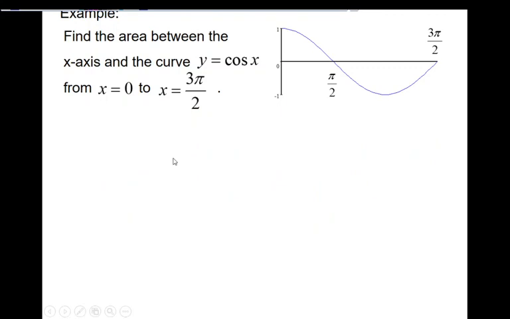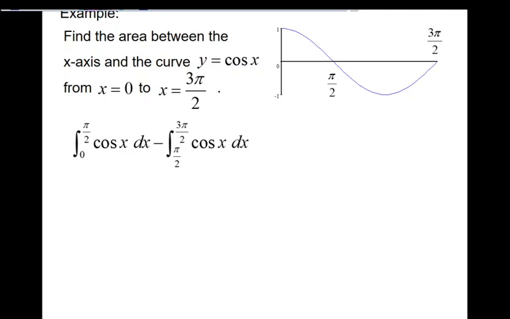Another way of looking at it, using some trig, same thing. Find the area between the x-axis and the curve of y equals cosine. And I know you guys love trig. So I've got to break it up into 2 pieces. Okay? Because it's asking me to find the area between the x-axis and the curve.